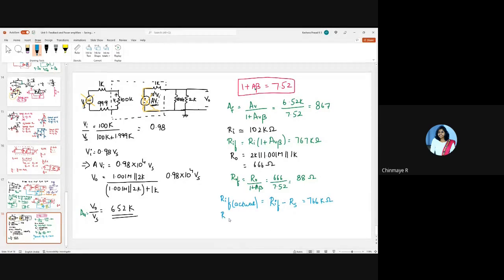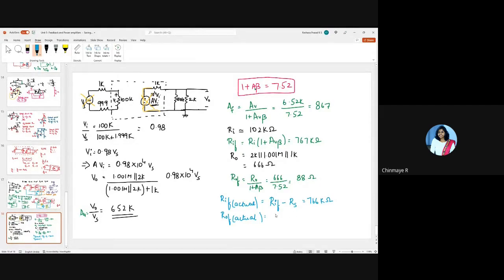Similarly, what is ROF actual? See, you were able to subtract this here because it was in series, right? But at the output, it is in parallel. Correct? At the output, it is in parallel. So therefore, from this you will have to eliminate a parallel combination of 2K. Right?